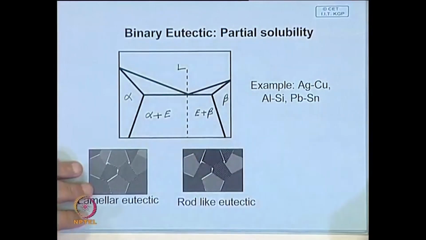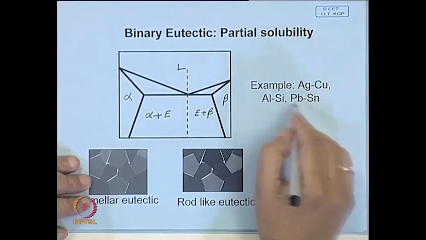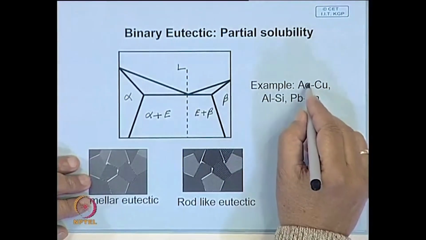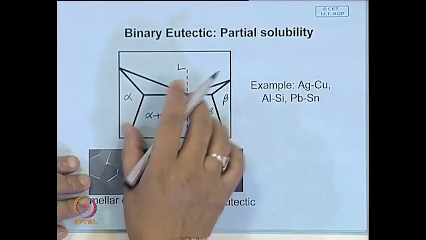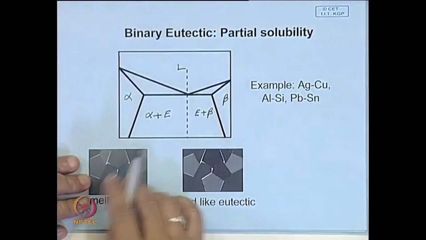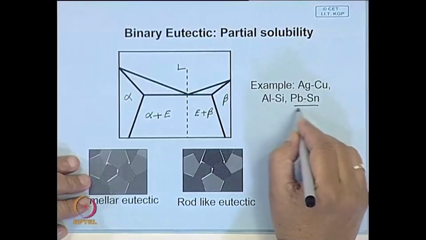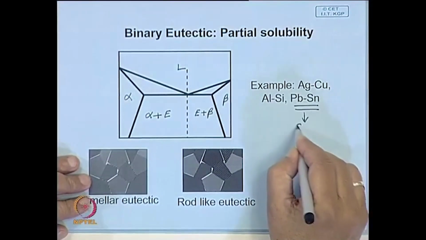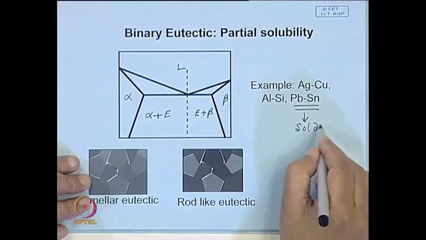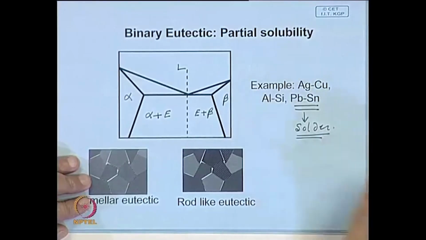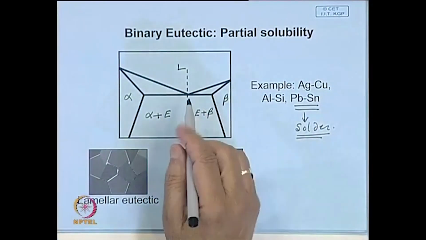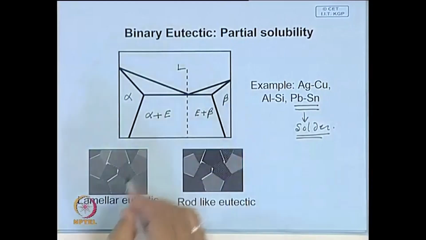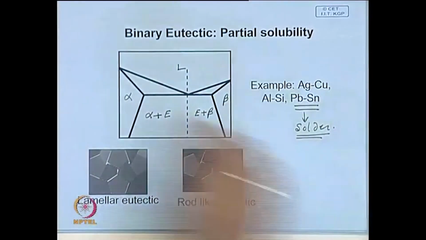Certain binary alloy systems exhibit this kind of behavior, like silver-copper, aluminum-silicon, and lead-tin. Lead-tin is a common solder alloy, a low melting material, and the type of structure that you can get in a eutectic is shown here.